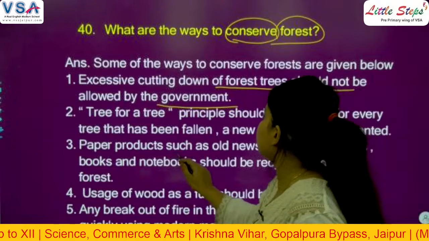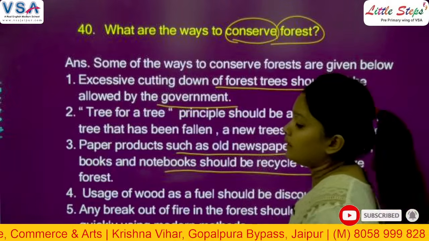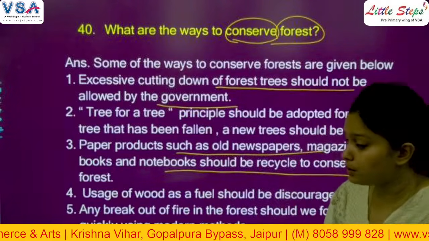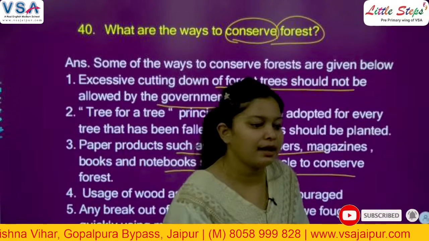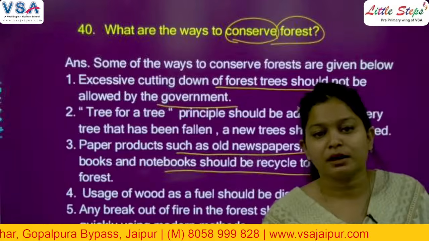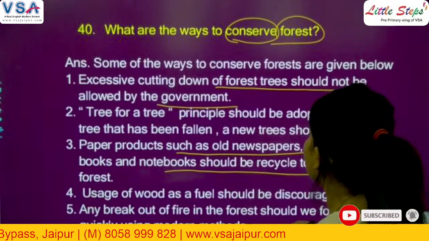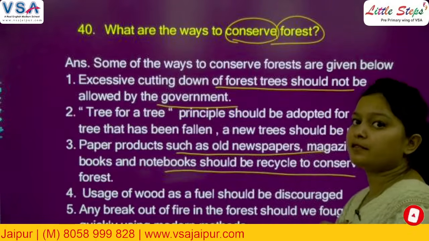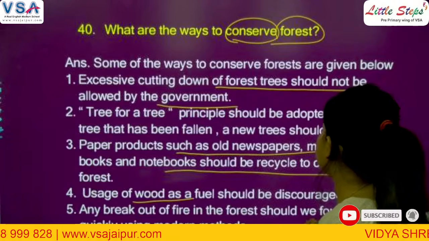Third, paper products such as old newspapers, magazines, books, notebooks should be recycled. Of course, while we use our books and copies, we should not throw them outside, or else we need to recycle them. तो हमें कंजर्वेशन के लिए क्या करना है, उनको रिसाइकलिंग के लिए देना है, so that फॉरेस्ट का कंजर्वेशन हो सके. Usage of wood as a fuel should be discouraged.